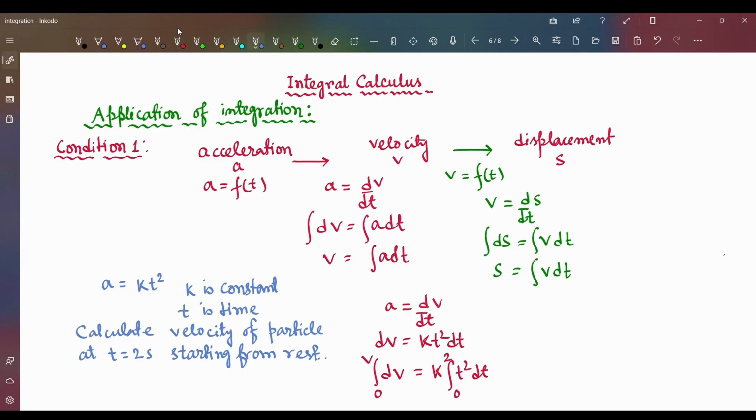We know that the integration of dx is x, because we can write it as x to the power 0 dx, then x to the power 0 plus 1 by 0 plus 1, this is x.